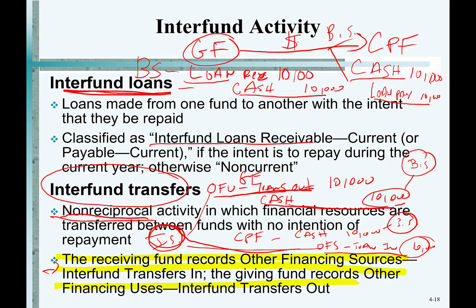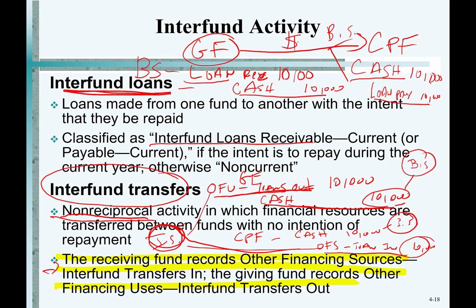There we go. General fund. General fund has cash of 10,000. Has no liabilities. So its fund balance is how much? 10,000. Good. Capital project fund has no cash, no liabilities, no fund balance.